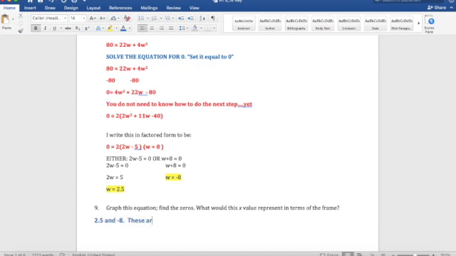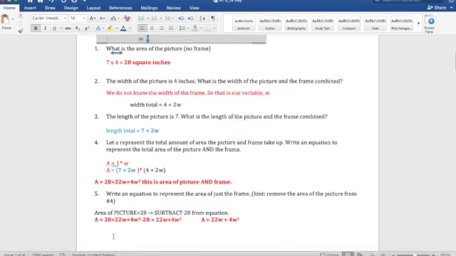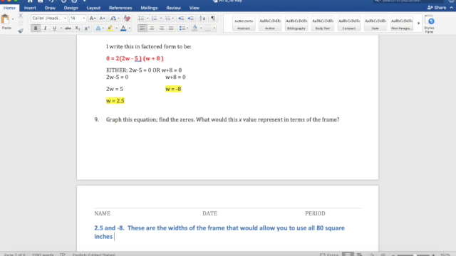So these are the widths of the frame that would allow, who's this problem about? Nobody. That's boring. That would allow you to use all 80 square inches of leftover tile.